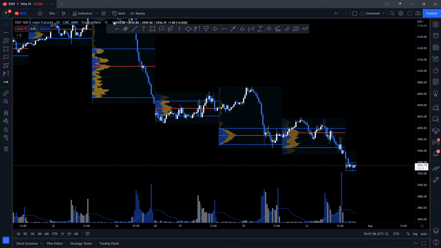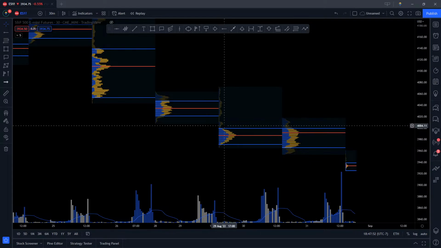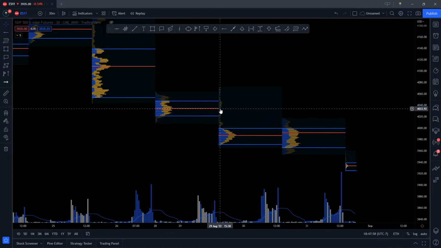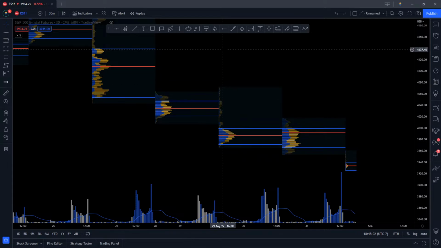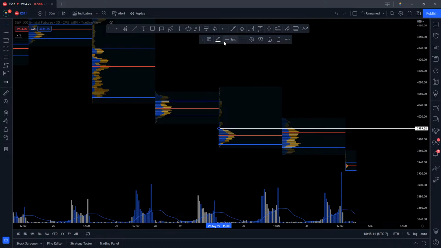So far we've talked about our POC, our value area, volume profile. I haven't really gone into the volume shelves. We'll go into that in just a second here. These blue lines are important. So these are value area high.